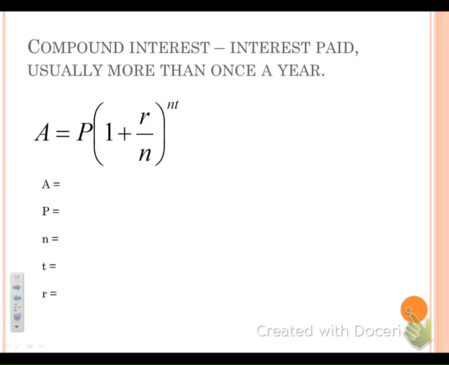Compound interest, you might want to underline those words. You're going to have a problem in your homework that says, using compound interest, blah, blah, blah. This is the equation you need to use: A equals P times the quantity 1 plus R over N, all raised to the NT. And we're going to write in these spots what each of those mean.